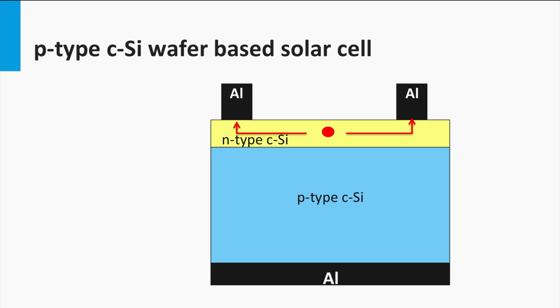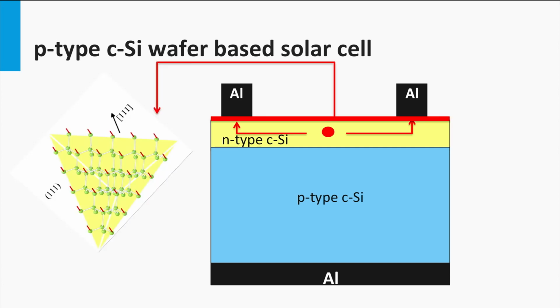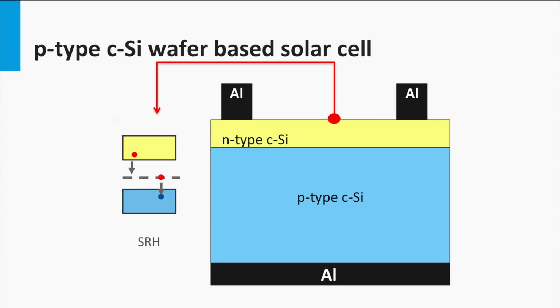Let's consider Shockley-Read-Hall recombination. A bare crystalline silicon surface contains many defects. The surface silicon atoms have some valence electrons which cannot make a molecular orbital with the absent neighboring atoms. These valence orbitals containing only one electron at the surface act like defects, also called dangling bonds.